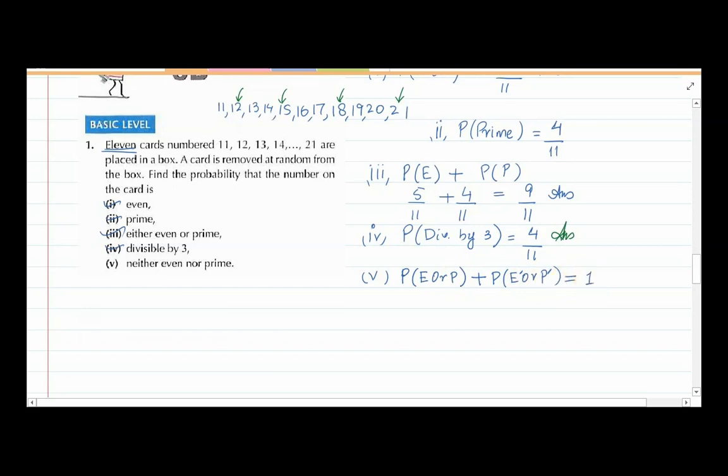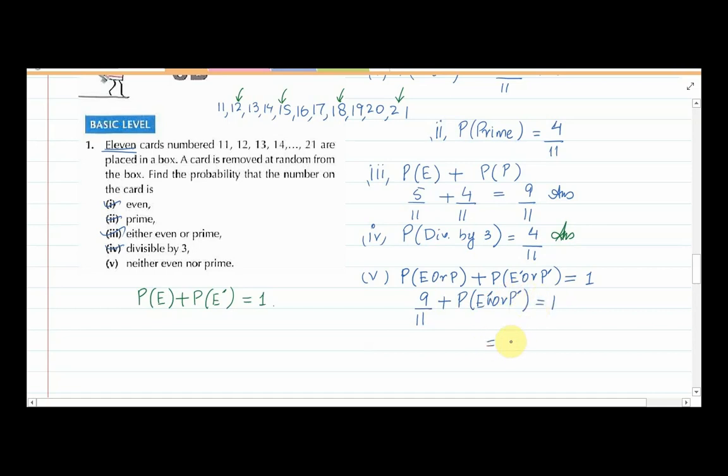The basic concept of probability, the probability of an event that it occurs plus the probability that the event won't occur is equal to 1. That is the main concept we are applying on the same part. So the probability that it is even or prime is 9 upon 11, plus the probability that it is neither even nor prime is equal to 1.